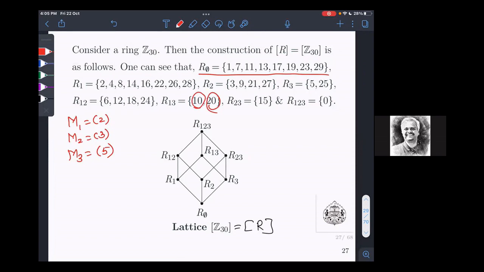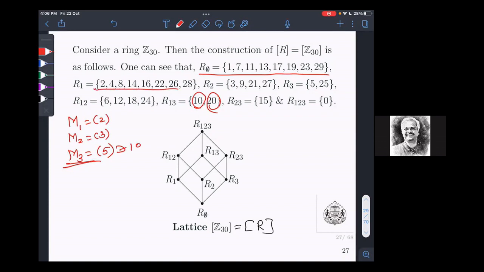Why? Because they are in M3. You got my point? 2 is there, 4 is there, 8 is there, 10 is not there. Why? Because 10 is in the ideal generated by 5. So I'm throwing out those which are there in the other maximal ideals.